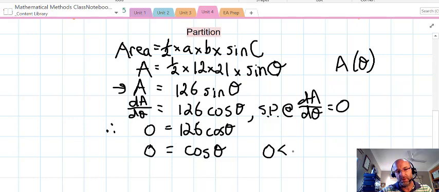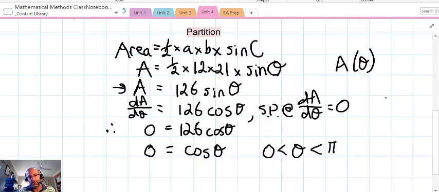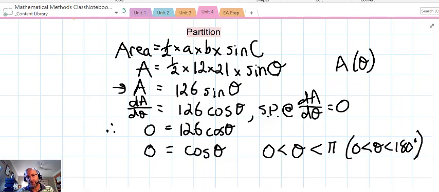Because it's a triangle, theta has to be between 0 and pi radians, or 180 degrees. That clears things up quite nicely because trig equations often have more than one solution. We only want the one solution, and so that clears things up very well for us.